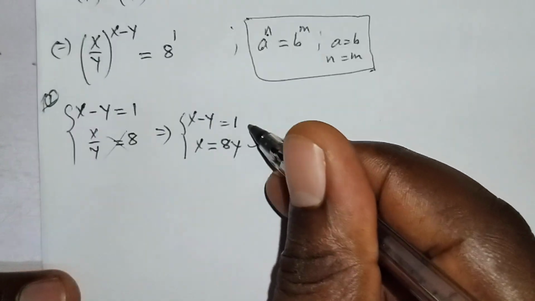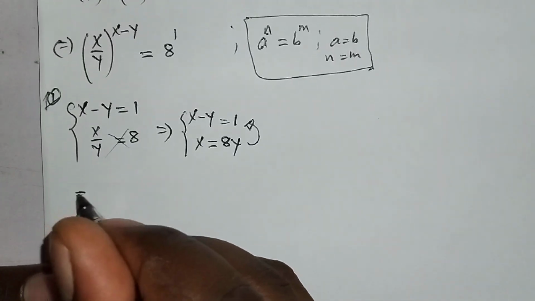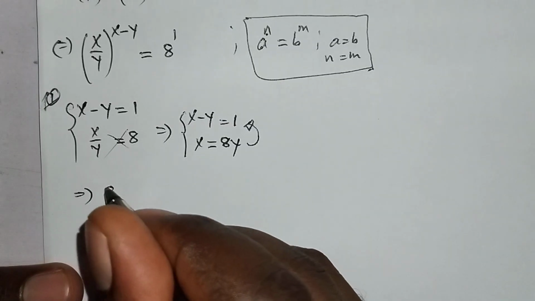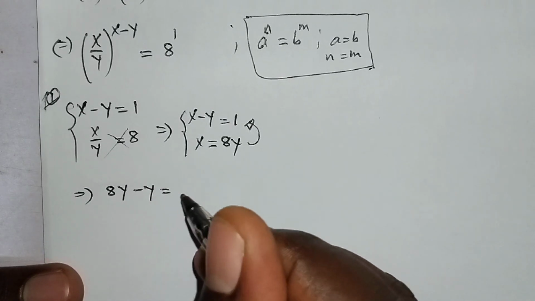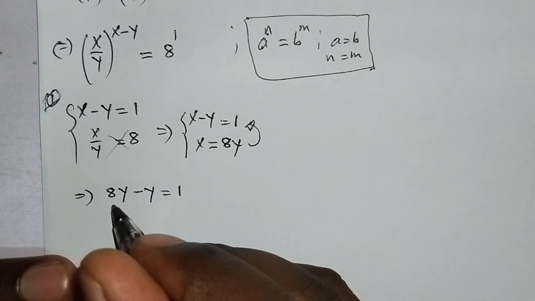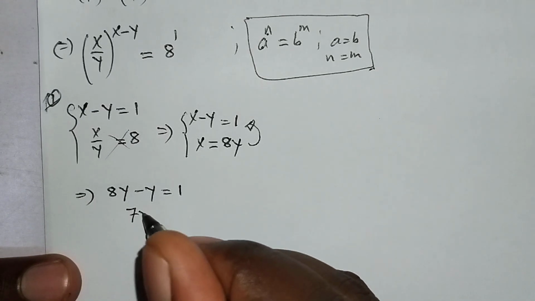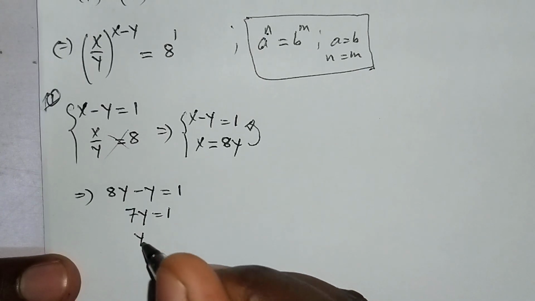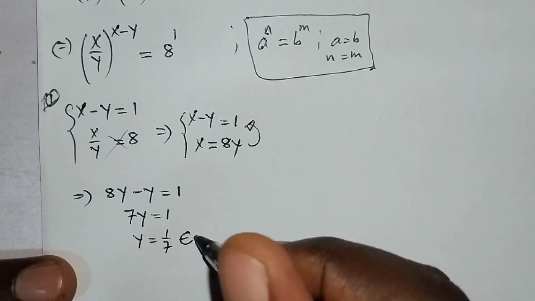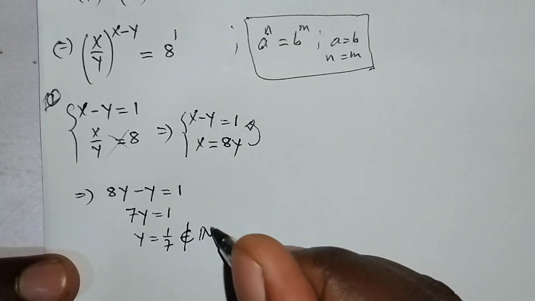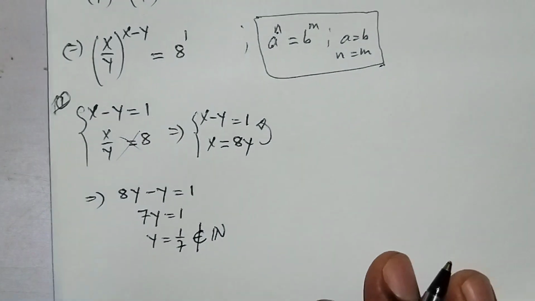So we replace here, we have 8y minus y equal to 1. So this is 7y, which is equal to 1. y is equal to 1 over 7. This is not a natural number, so this is rejected.